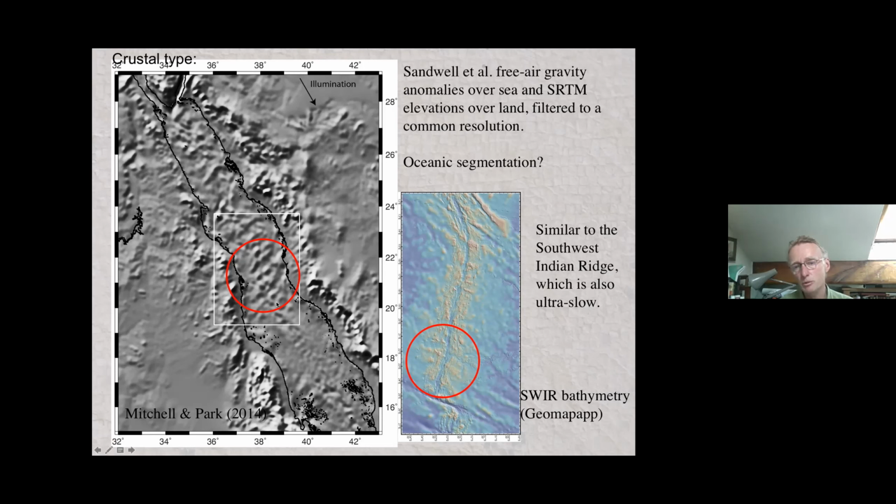There is a bit of a problem of working further back in time, and we don't have enough anomalies really. But if you look at anomalies in the Gulf of Aden, they haven't changed that much. So it looks like it's been mostly moving in the same direction for the last few million years.